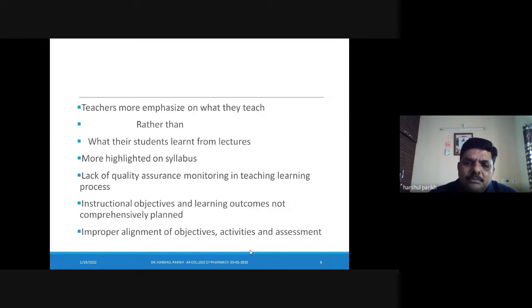Learning outcomes are not comprehensively planned. In this kind of system, learning outcomes are not emphasized much. There is an improper alignment of educational objectives, activities, and assessment.